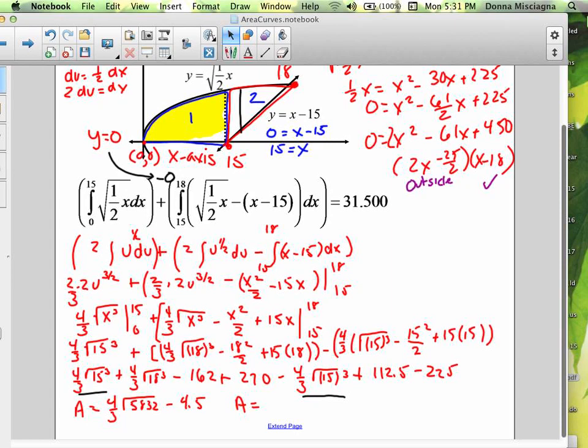So that's 2 times 2/3 u to the 3/2, plus the same thing again, 2 times 2/3 u to the 3/2. And then to integrate x minus 15, that would become x squared divided by 2 minus 15x. So now I just substituted back.